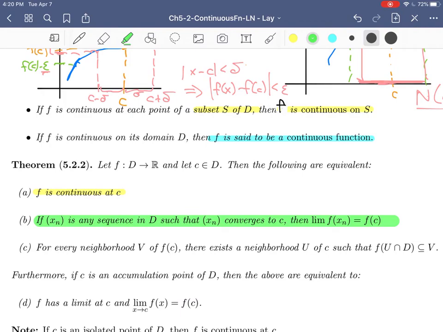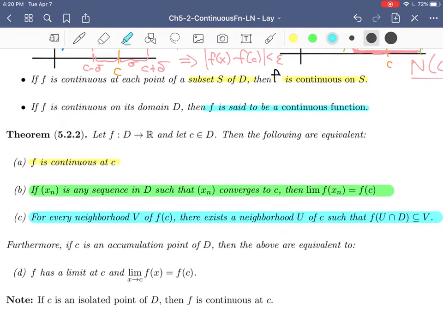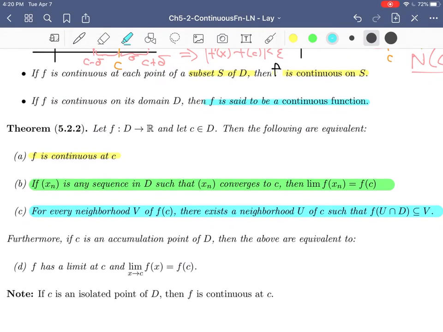So that the function evaluated at each of those terms in the sequence should converge to f of c. And it's also equivalent to saying for every neighborhood V of f of c, there exists a neighborhood U of c such that f of U intersect D is a subset of V, right?